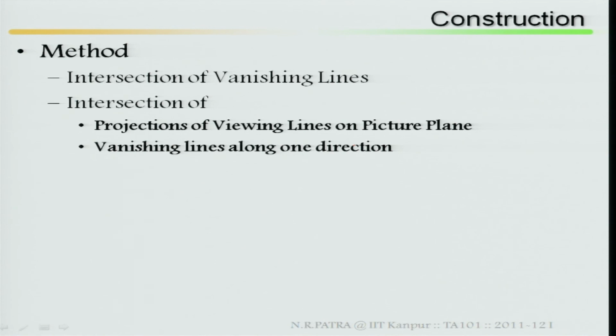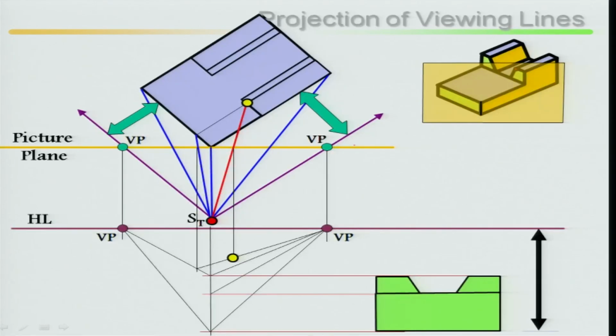There are 2 methods: intersection of vanishing lines, and intersection of projections of viewing lines on the picture plane, with vanishing lines along one direction, which I have explained earlier. If you look here, at the station point, draw parallels to get vanishing point left and vanishing point right, then find the intersection point.